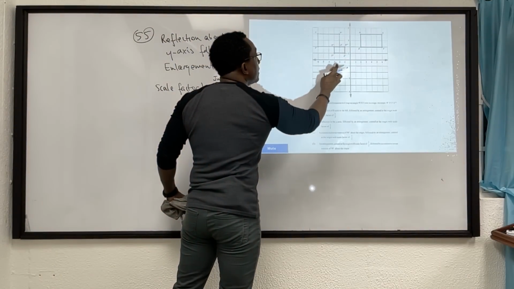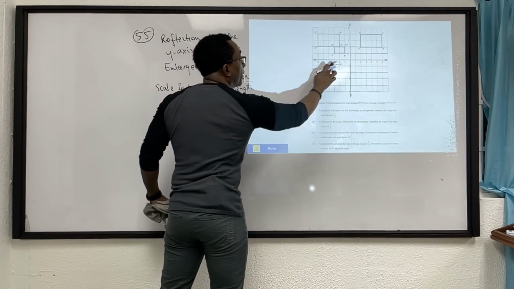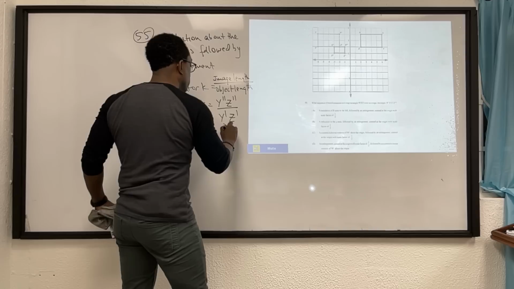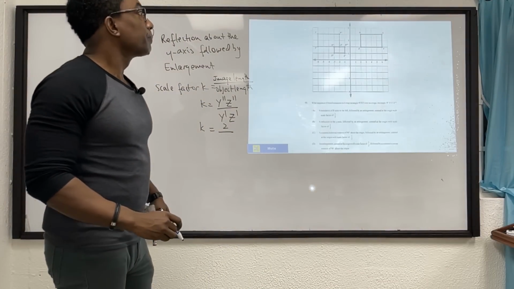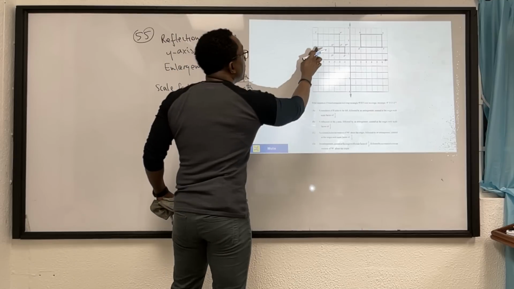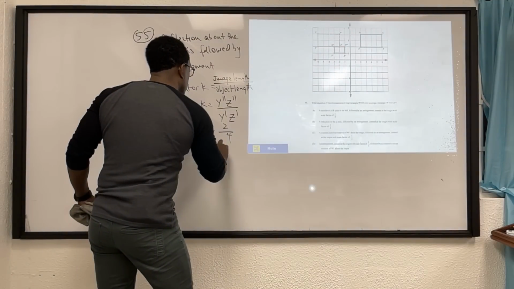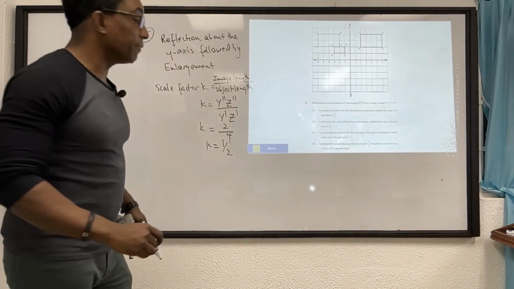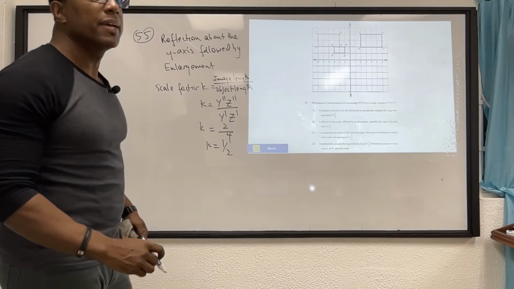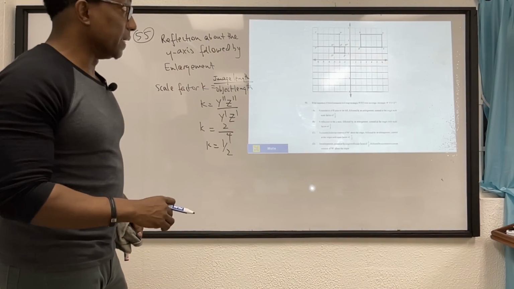Y double prime Z double prime is 2 units, from -3 to -1, over Y prime Z prime, which is 4 units, 1, 2, 3, 4. So the scale factor here is a half, hence the reason why it is diminished.